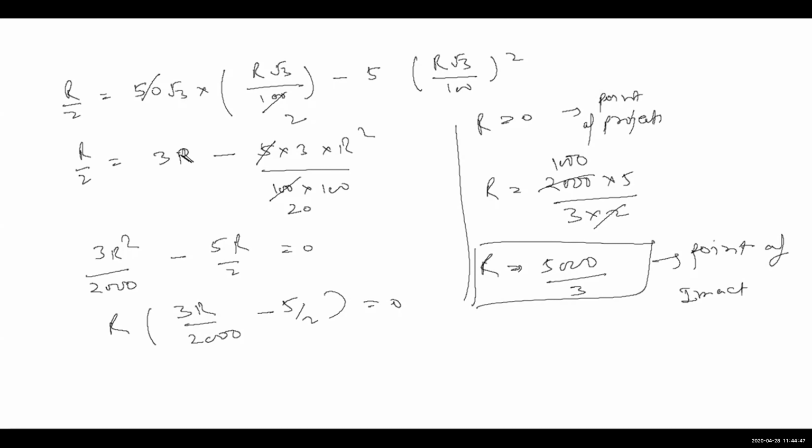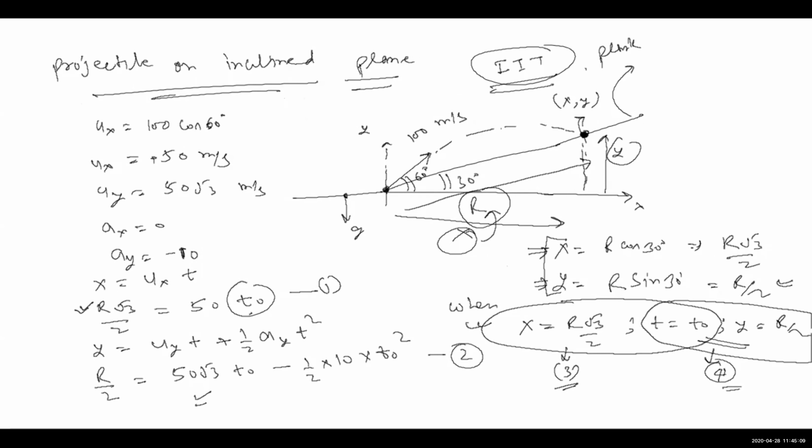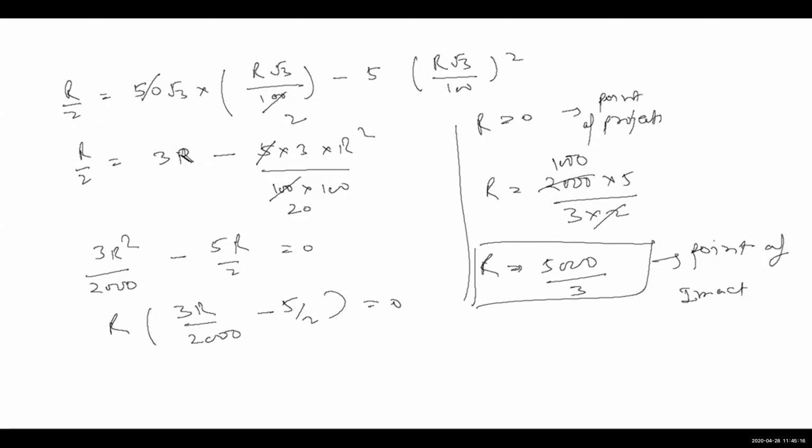Sir, you have got 5R by 2. Isn't it 3R by 2 in the second step? Yes, sir, that's 3R by 2. The 2 is there, sorry, I forgot about that.